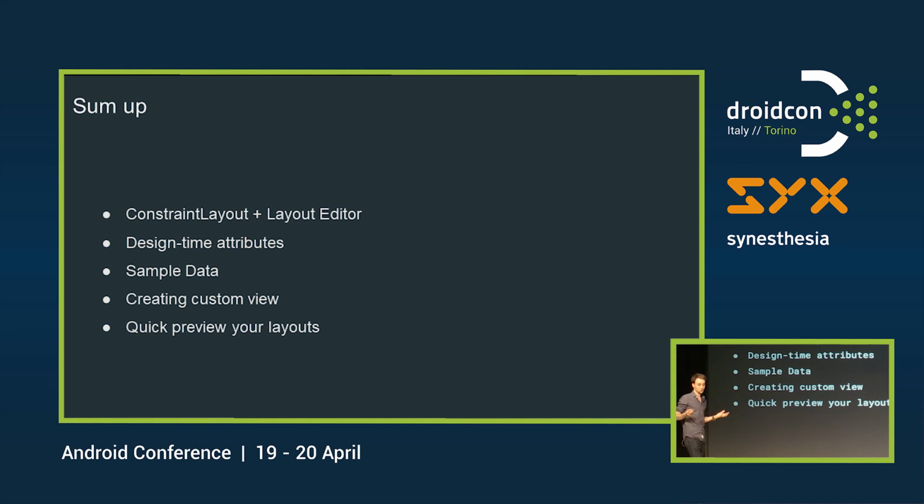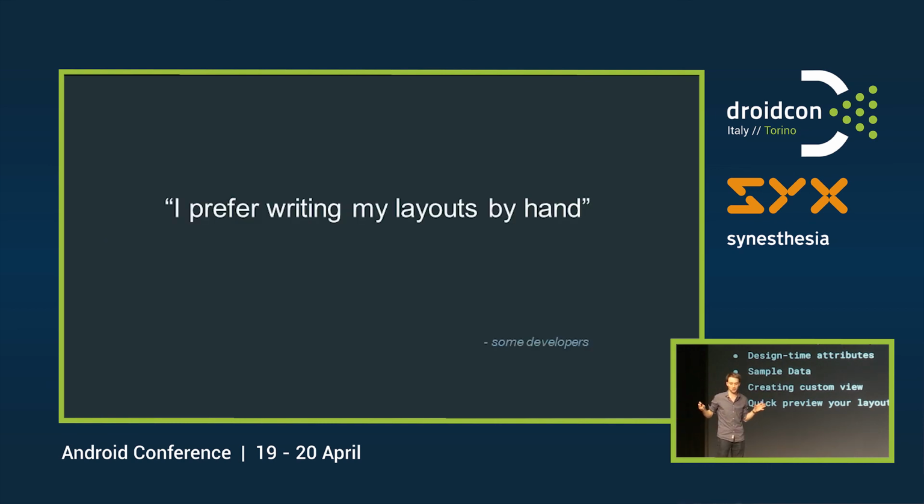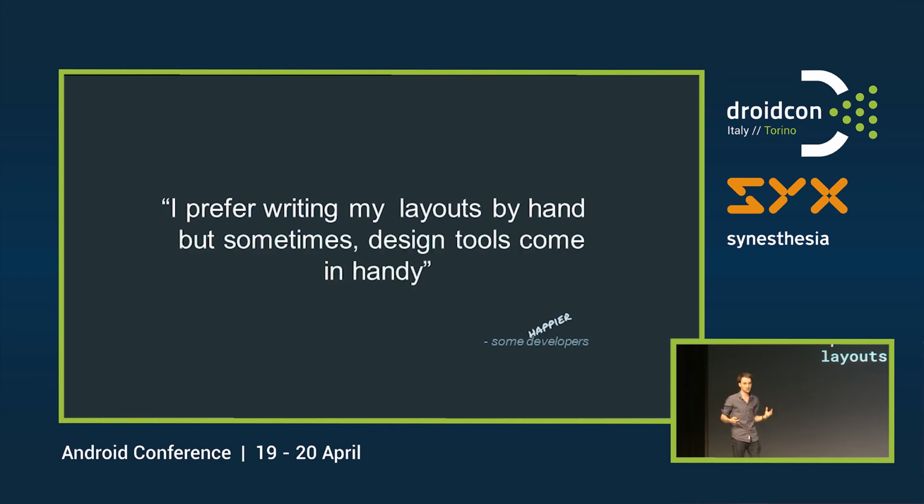When you create a custom view, don't rely on external services or activity lifecycle. With all of this, you'll be able to quickly preview your layouts, and when you come back to it, you don't have to run on device to see what happened. Hopefully, next time we see you, you'll be a happier developer, using the layout editor hand in hand with the XML editor, and you'll be more productive.